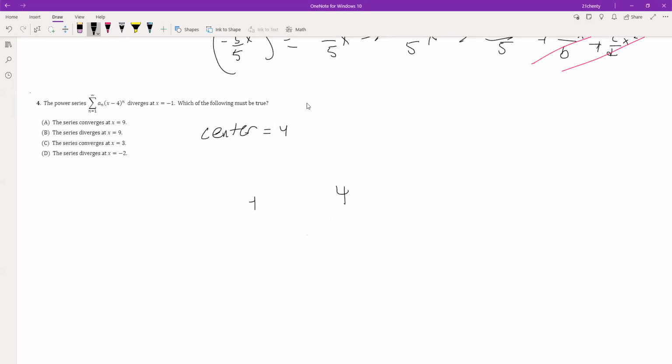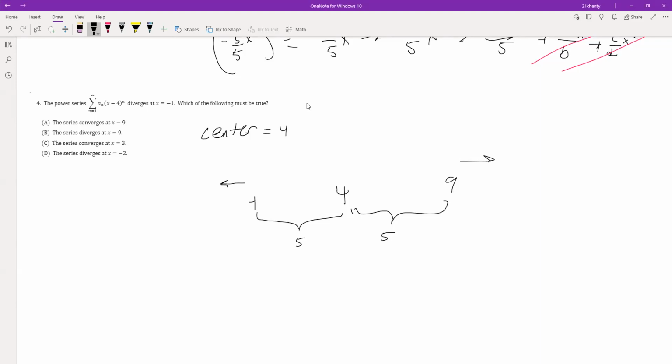So that means the terms less than negative 1, and the terms greater than 9, must also diverge. 9 might converge or diverge because it could be the other edge of the interval of convergence. So we don't know if 9 converges or diverges.